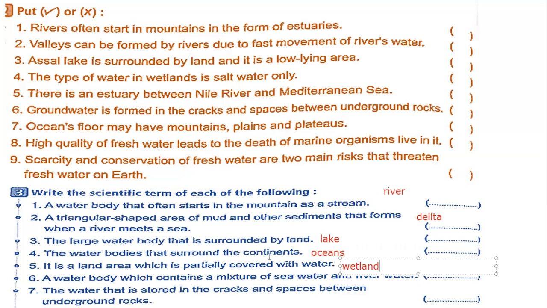Surrounded the continents, ocean. Surrounded by land, lake. Triangular shape, delta. Number 6, a water body which contains a mixture of seawater and river water. So it must be what? Yes, estuary. Excellent.